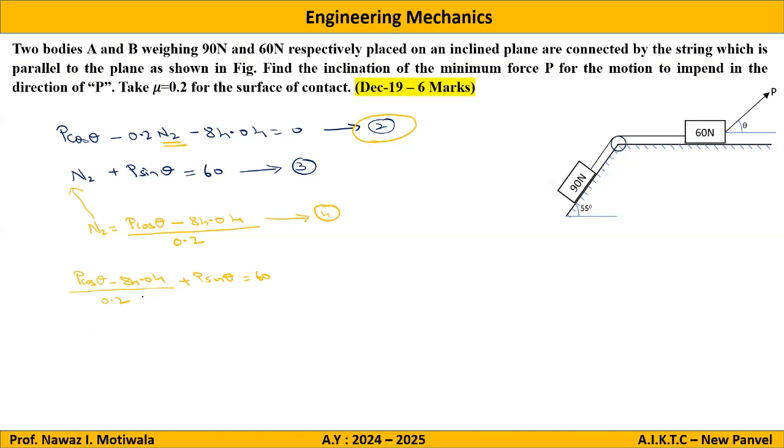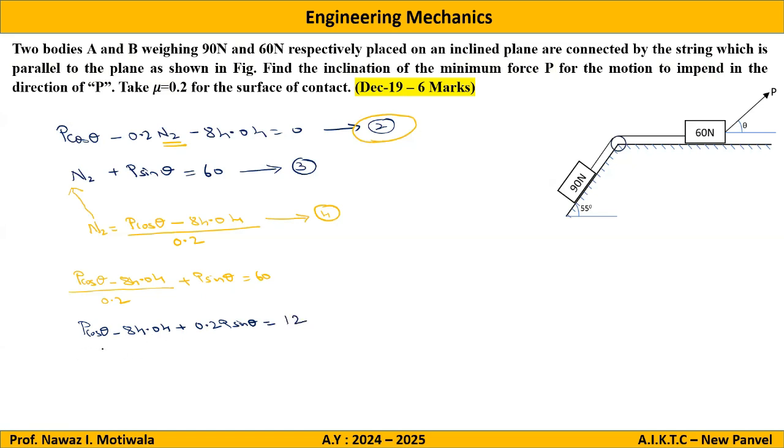Multiplying by 0.2 on all sides, I will get P cos theta minus 84.04 plus 0.2 P sin theta is equal to 60 into 0.2, which comes out to be 12.